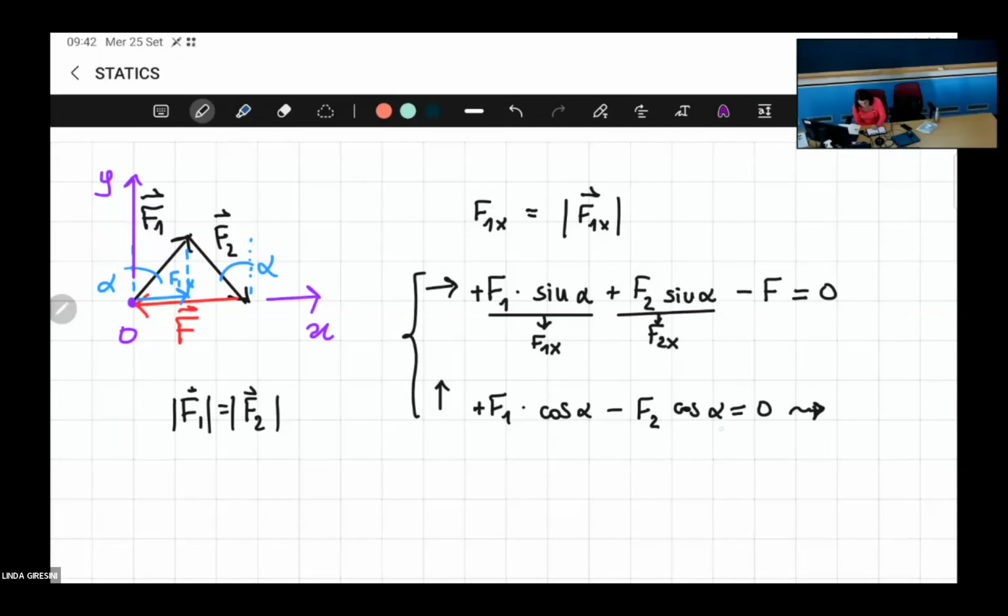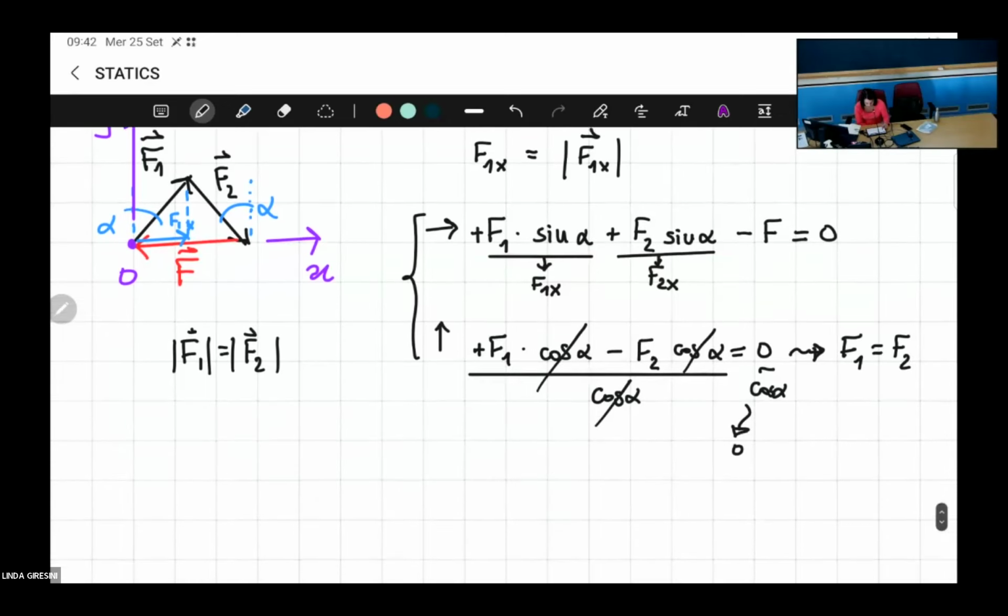From this expression, we can divide everything by cos alpha, and the right-hand term is 0. We can simplify the terms like this. So finally, we have that F1 is equal to F2. The two magnitudes are the same.